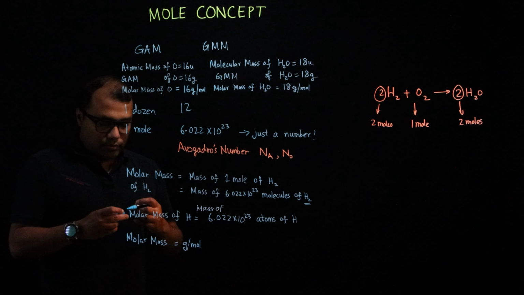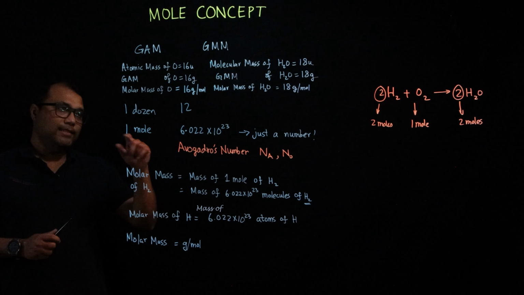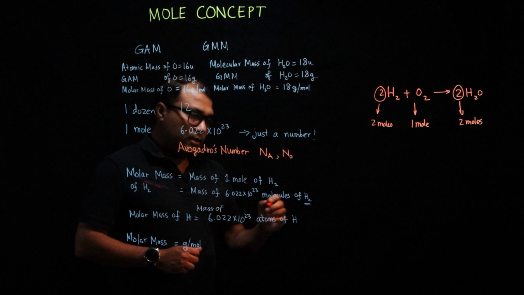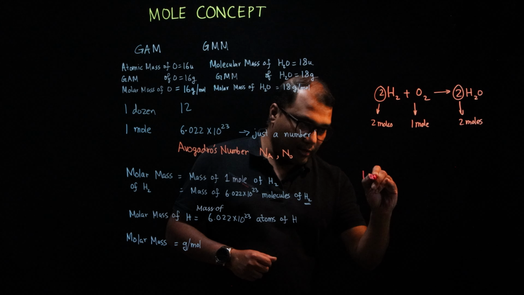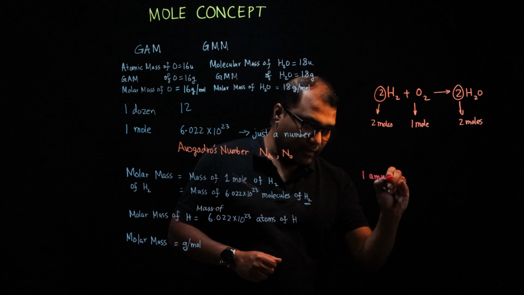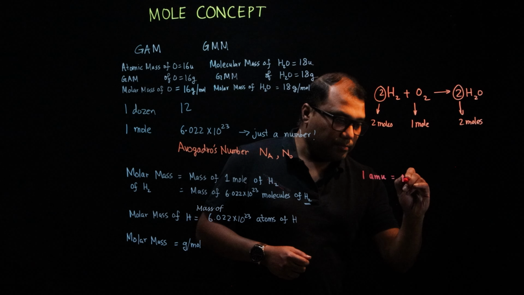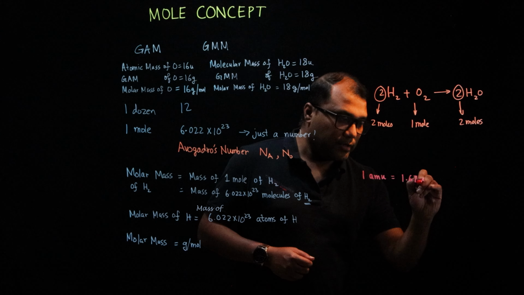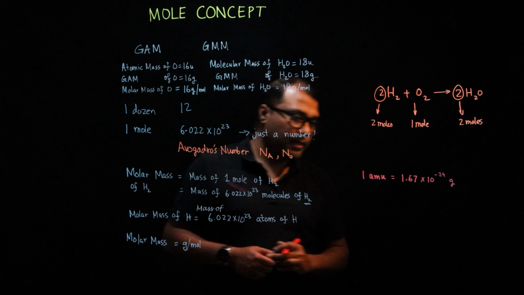Now I just want to tie this up with something. So if you remember, we said 1 atomic mass unit in terms of gram is 1.67 into 10 to the power minus 24 gram.